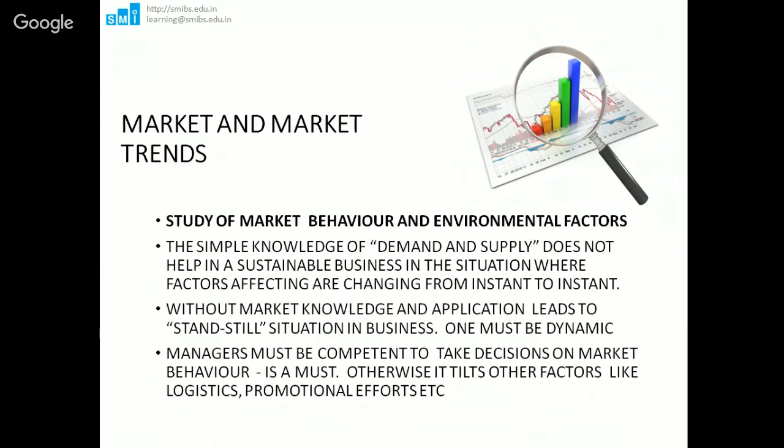Market and market trends. Study of market behavior and environmental factors. The simple knowledge of demand and supply does not help in a sustainable business in a situation where the factors affecting it are changing from instant to instant. The factors affecting your business today are not static, they change. Example, on one road there is a big hotel.